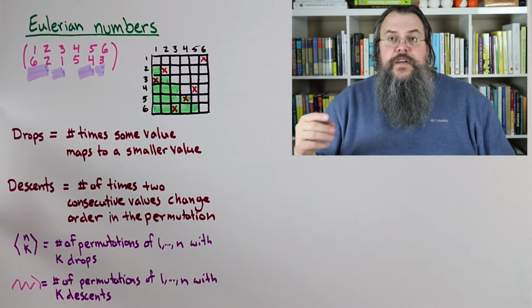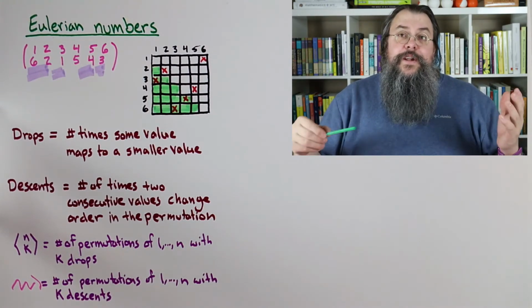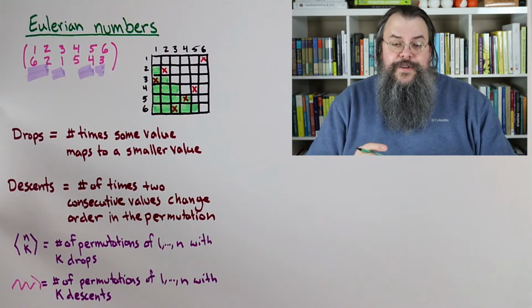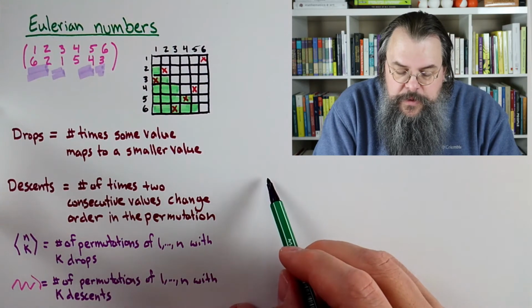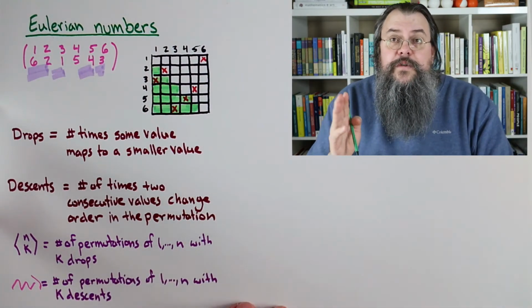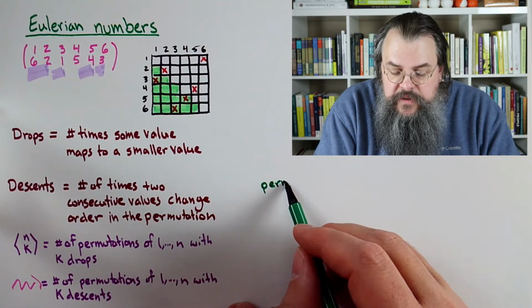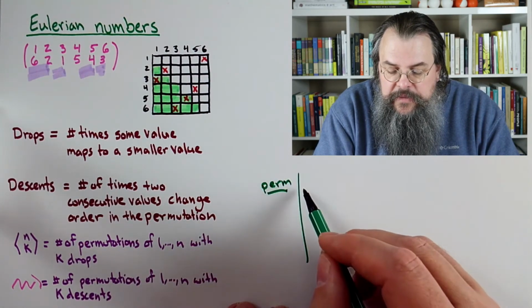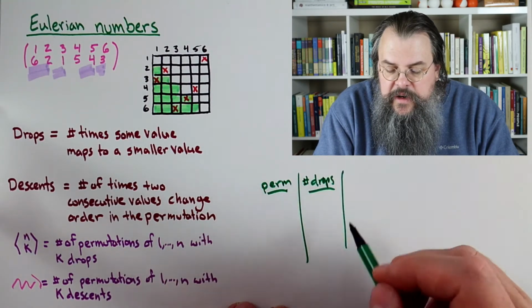So let's do a really quick computation here to help convince ourselves, hopefully not to confuse ourselves. We'll write down the permutations for a small number, 3. Here we'll write down our permutations, and then we have our number of drops and our number of descents.